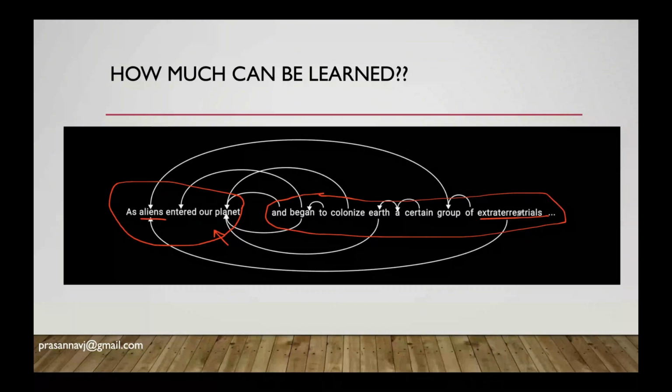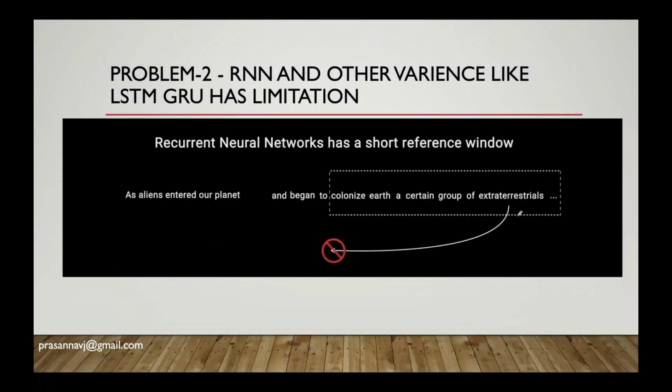Okay. So we talked about recurrent neural networks, LSTM, GRUs, all these natural language processing solutions. One of the basic problems is that they don't have a large memory space. When you give a large amount of information, they cannot go and refer to the items at the beginning of your statements. RNNs cannot go beyond a referencing window.